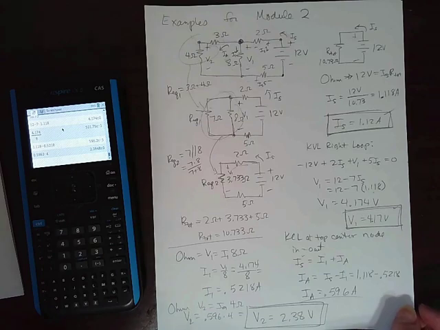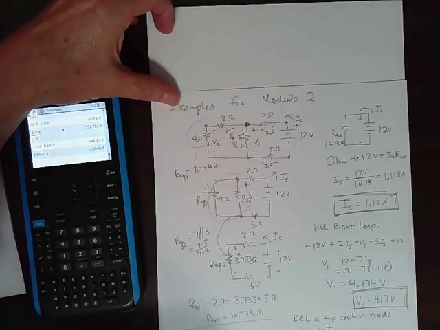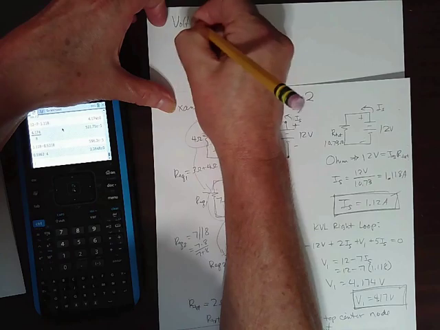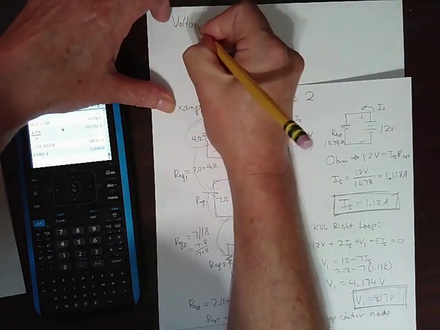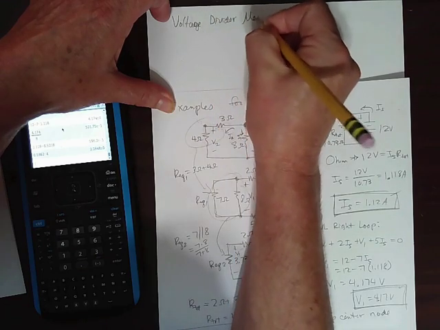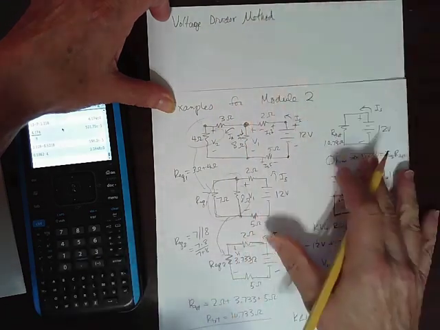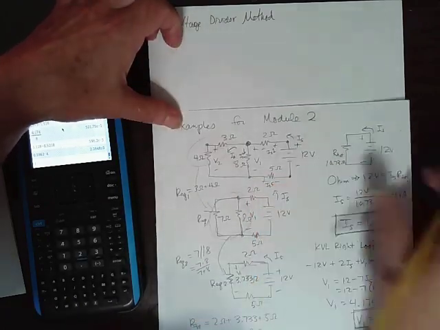Let's try a little bit different method. Let's try a voltage divider method. All right, so let's go back to our circuit here. Which is still a little ad hoc, but it'll be maybe a little more uniform.